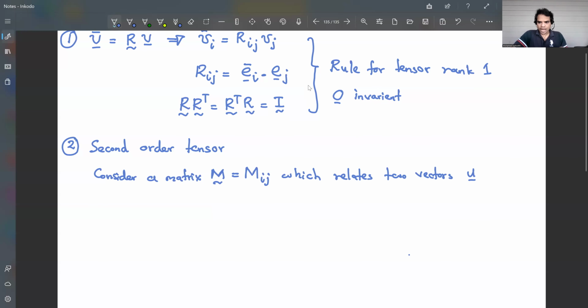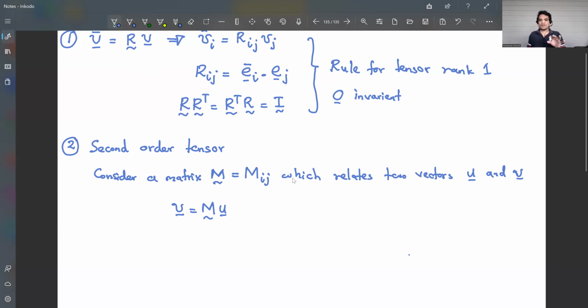U and V, okay? In this way, for example, your V matrix M into U matrix, right? This is a matrix. Again, don't confuse this matrix M with the rotation matrix. Rotation matrix, you are changing the coordinate.